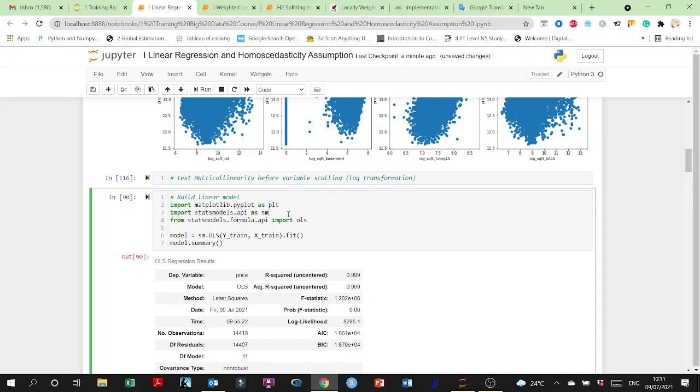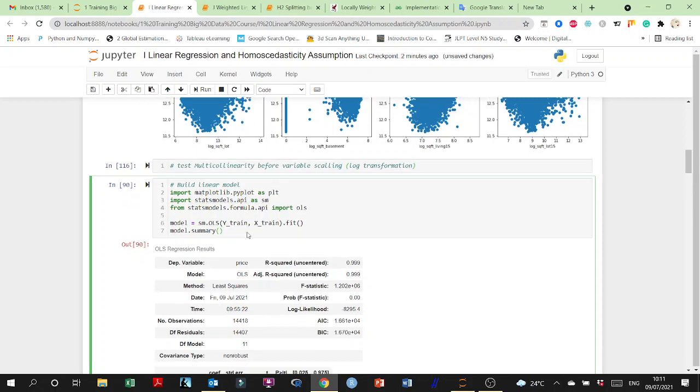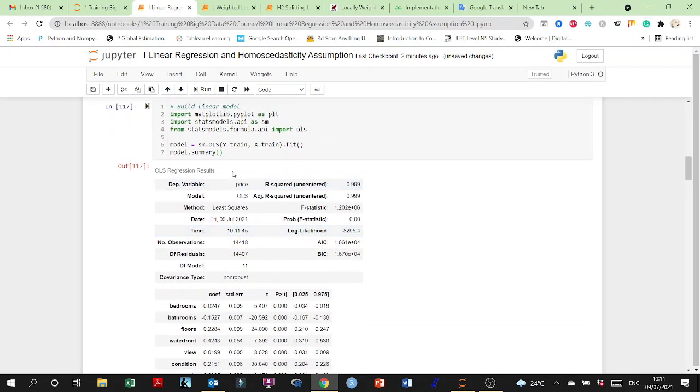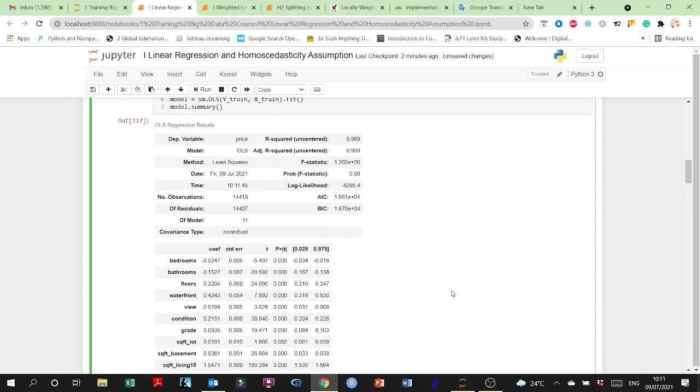Then over here we're going to use the StatModels library. With the StatModels library, you can create a linear regression model and fit it using this code. I like to start with my students with the StatModels library because it shows me all the output that allows me to explain the linear regression in a better way.